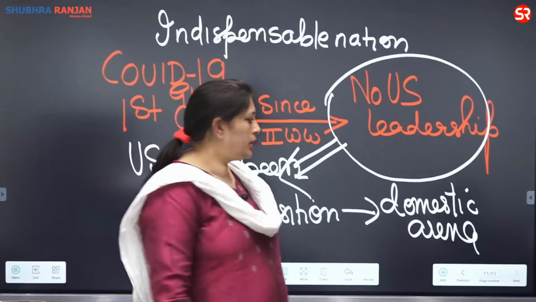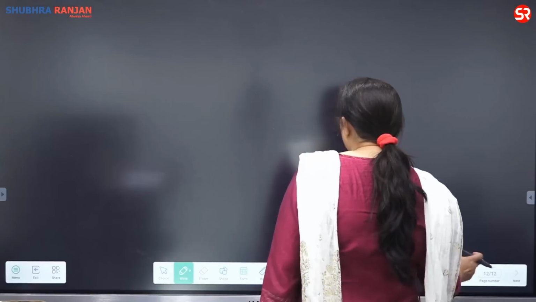Now, once the US hegemony declines, the world order automatically changes, because the world order is that of the Pax Americana, and as hegemony is declining, the world order automatically changes.